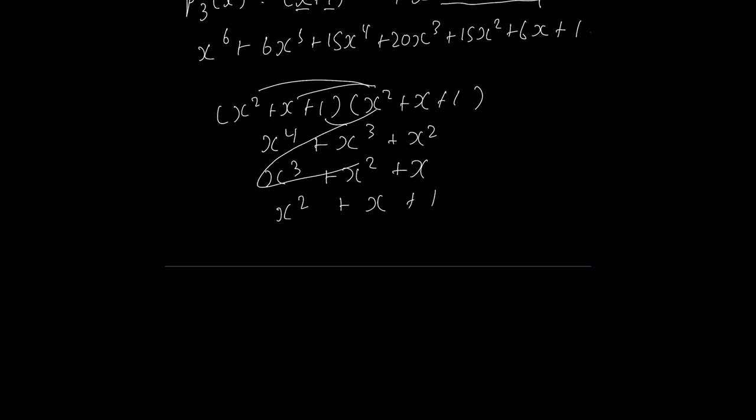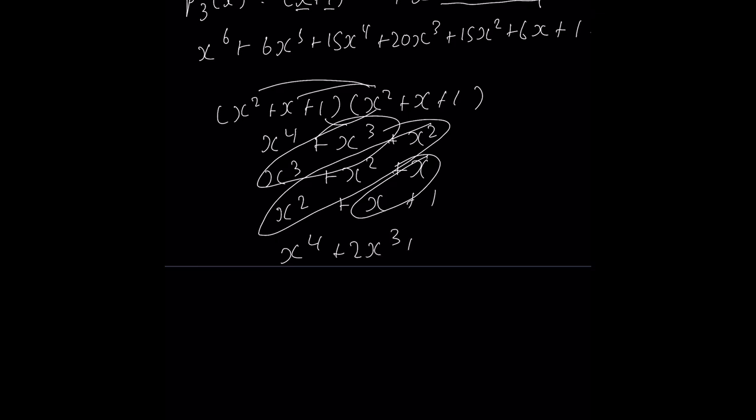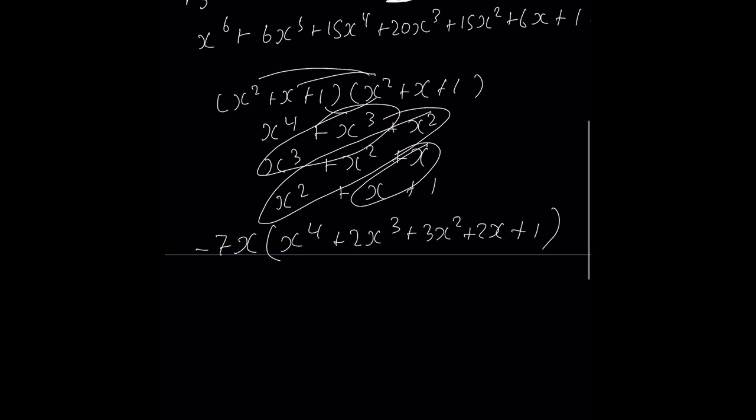Now we can group together like terms. So it's x to the 4 plus 2x cubed plus 3x squared plus 2x plus 1. And that's being timesed by minus 7x. So let's just put that here, and now let's expand it.